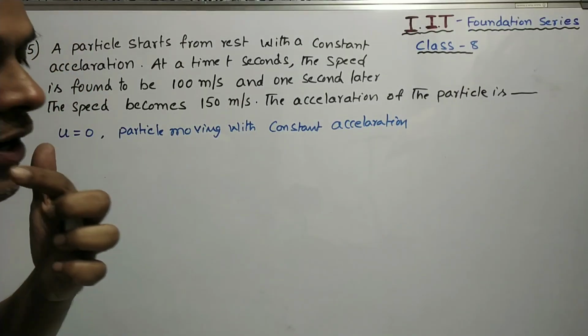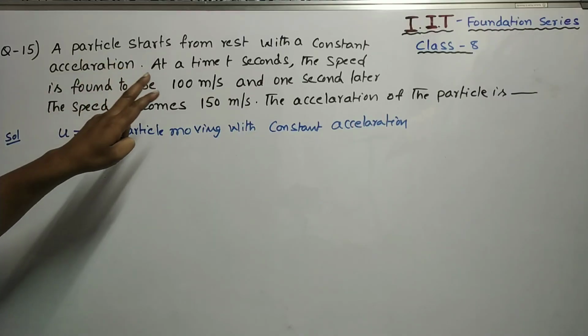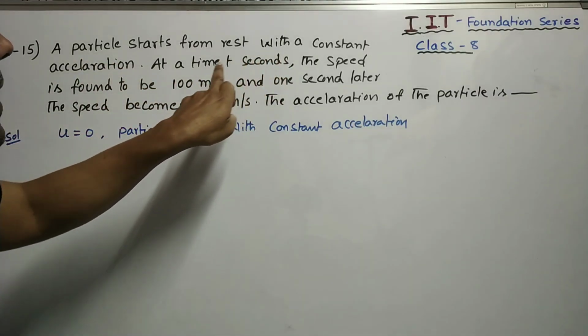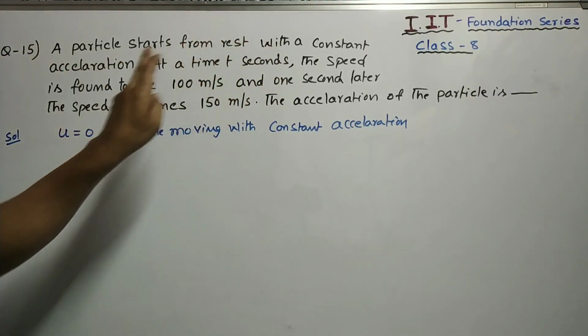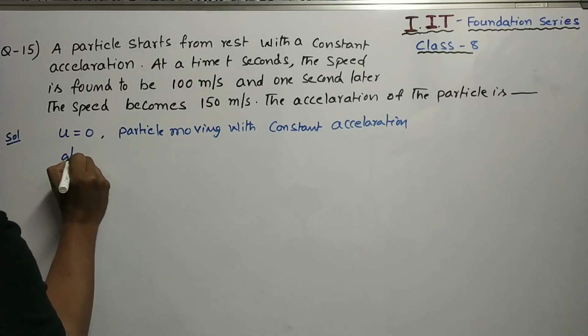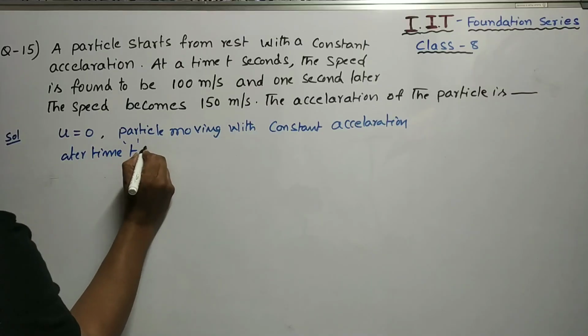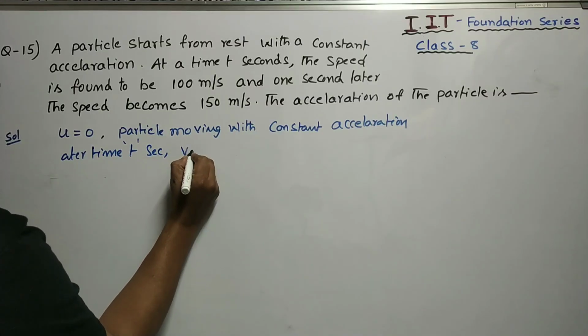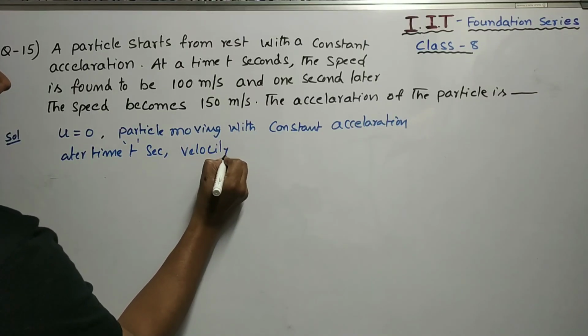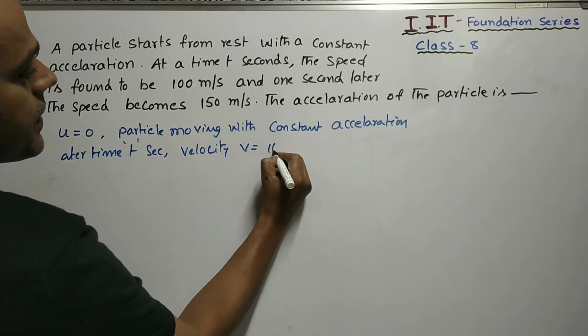So we can use the set of equations of motion. At time t seconds, the speed is found to be 100 meter per second. So after time t seconds, velocity v is found to be 100 meter per second.